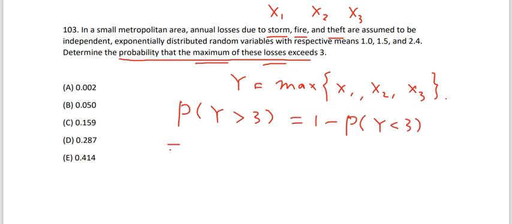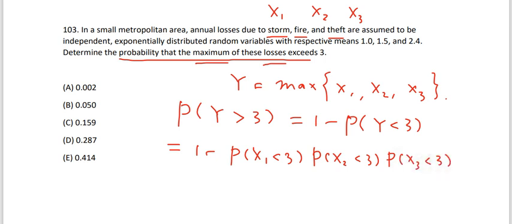So this equals 1 minus P(X1 less than 3 and X2 less than 3 and X3 less than 3). Each one maximum less than this number means each one less than it.